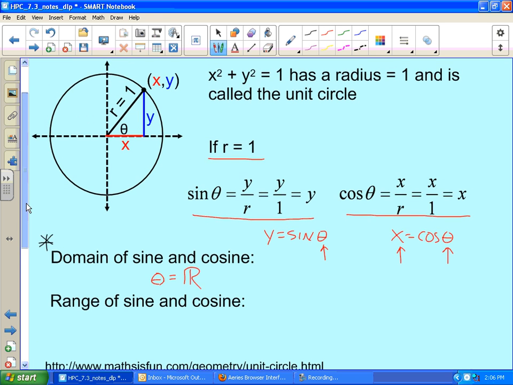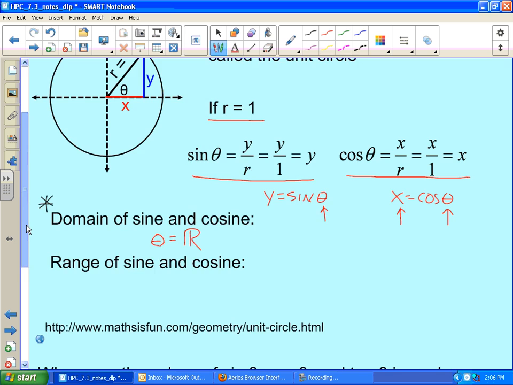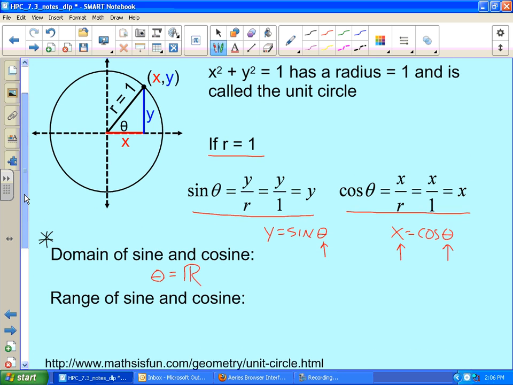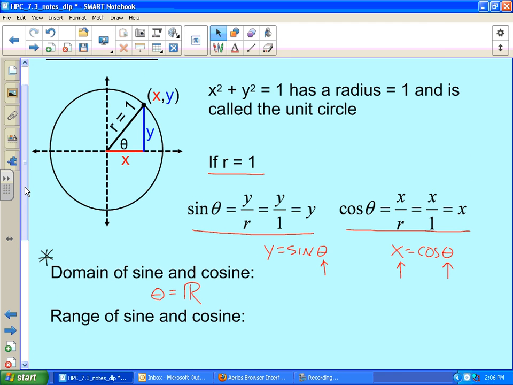And if I were to look at y being equal to sine, and take a look at my unit circle, the largest y value, smallest y value that I can have is -1 and positive 1. So the range of a sine function, since sine measures y, is going to have to go between -1 and positive 1.